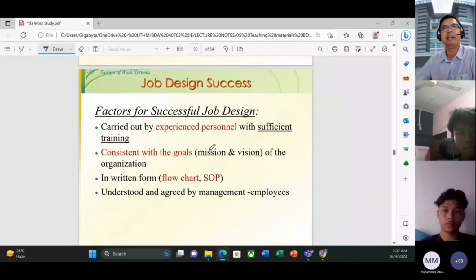And job design success factors: successful job design is carried out by experienced personnel with sufficient training, consistent with the goals, mission, and missions of the organization, and in written form. This is very important.